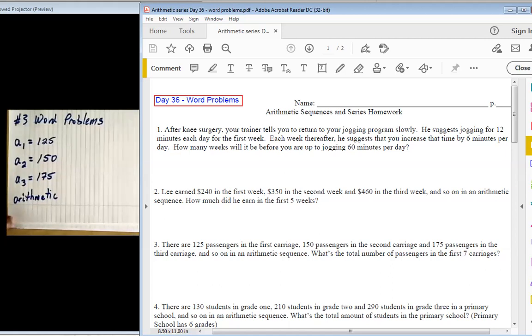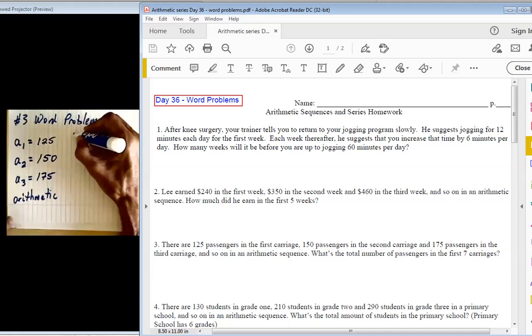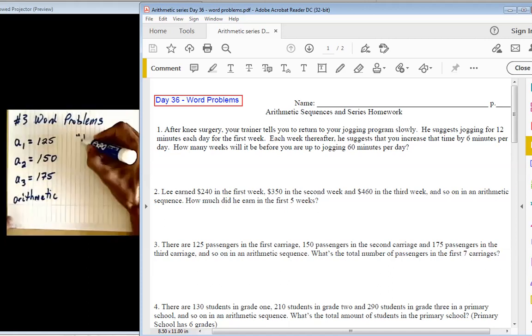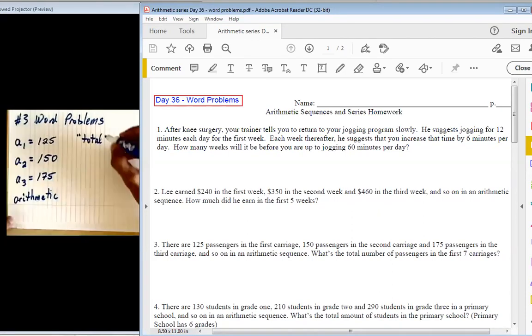Okay, so total is an important word. So total passengers in this case, right? When it says total, that means you're going to start adding things up.